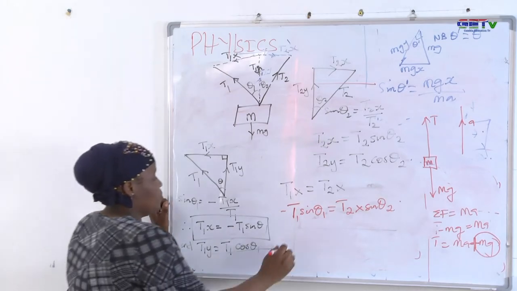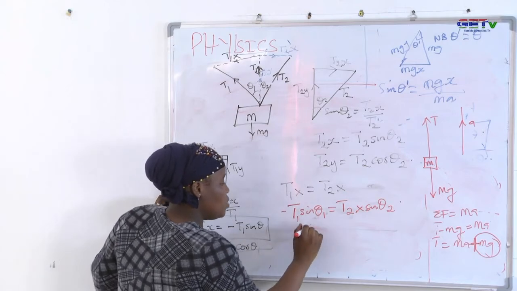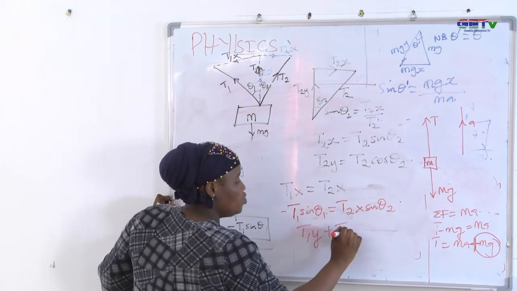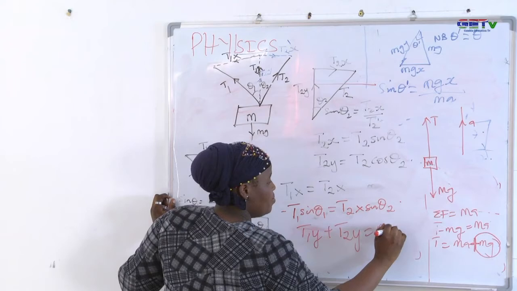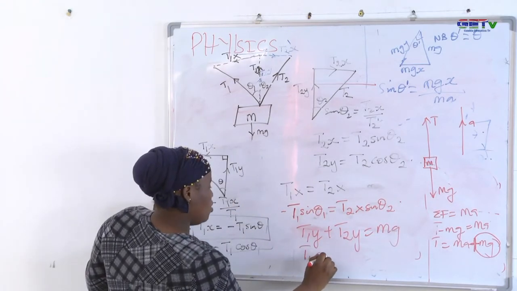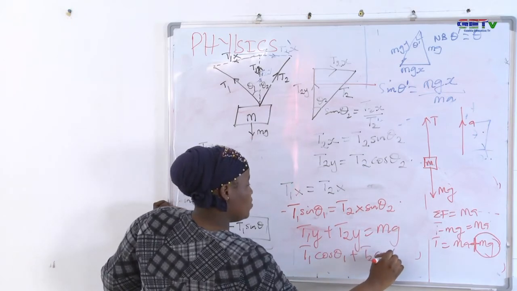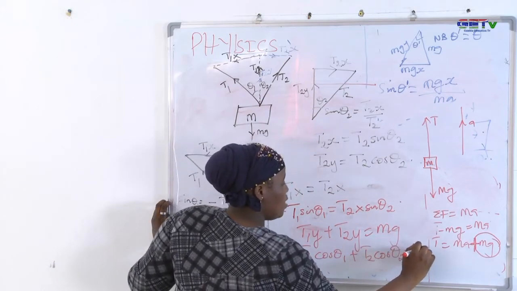Good. And sum of forces in the y, we also had something like T1 of y plus T2 of y is equivalent to mg. So this will be T1 cosine of theta 1 plus T2 cosine of theta 2 is equivalent to mg.